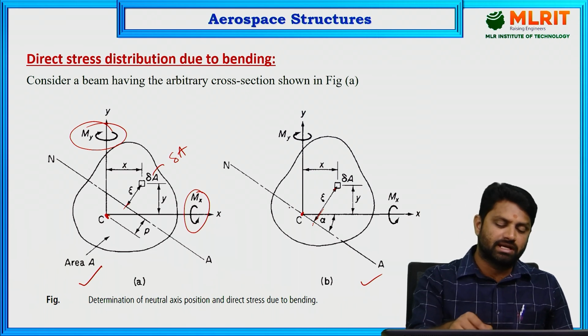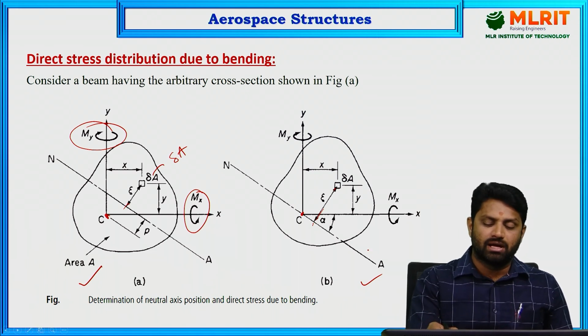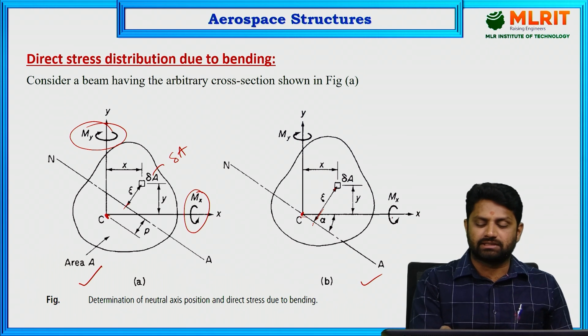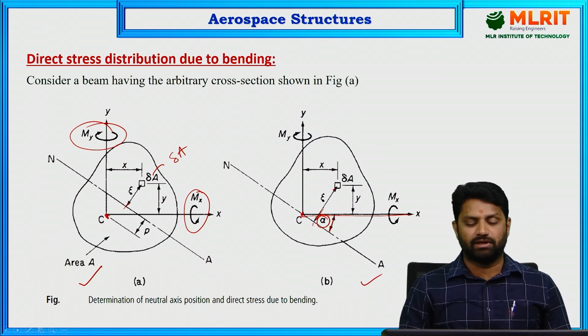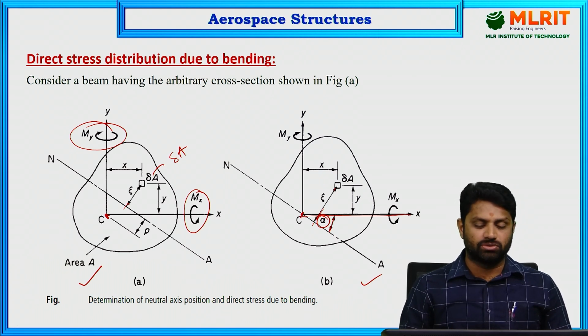Since this neutral axis makes an angle with the horizontal axis Cx, let alpha be the angle it makes with respect to Cx. From this diagram, let's derive the formula for direct stress distribution.